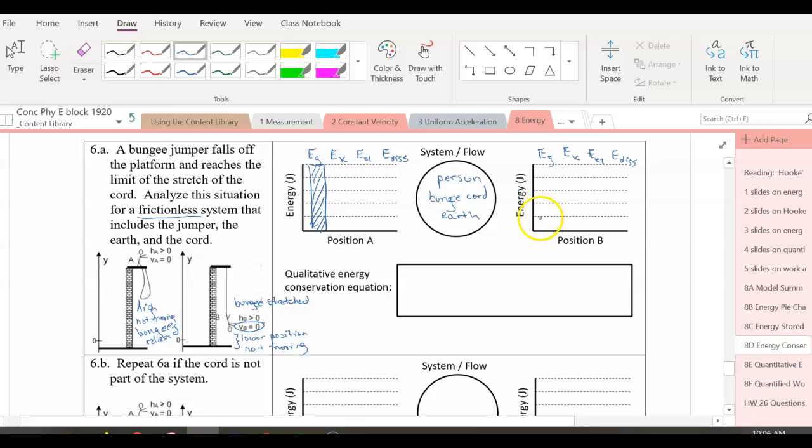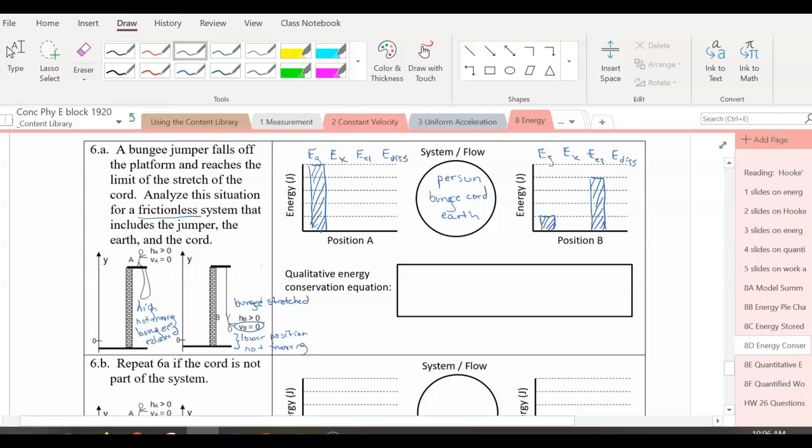Right, they're at a much lower height, but there is still some gravitational potential energy. They're not moving. The bungee cord is stretched. Okay, so there must be some elastic potential energy stored in that bungee cord. And so I'm just going to put the rest of my energy as elastic potential energy.